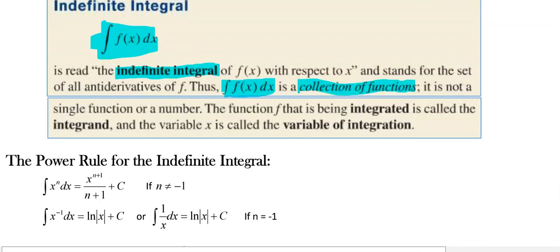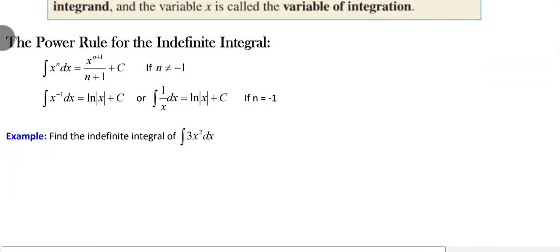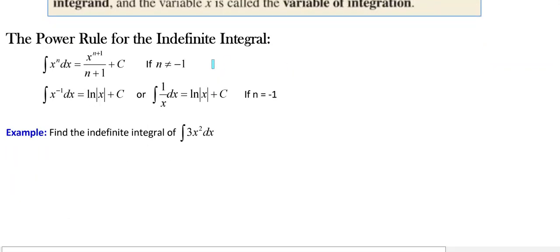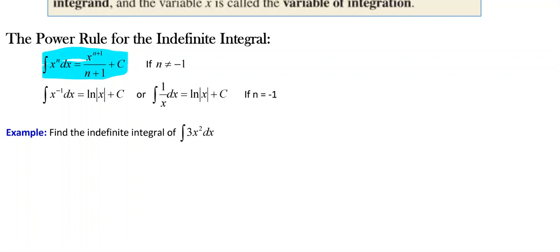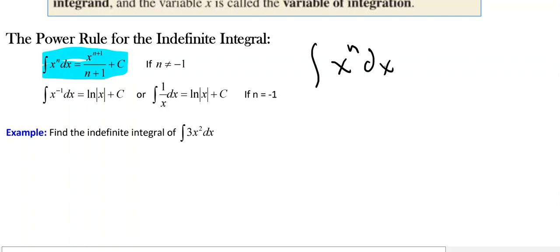So, with that in mind, we have a couple of rules for finding antiderivatives or indefinite integrals. The first one is the power rule. Just like there was a power rule for derivatives, this is the power rule for finding antiderivatives. What it says is, let me write it a little bit bigger over here, find the set of all antiderivatives of x to the n.